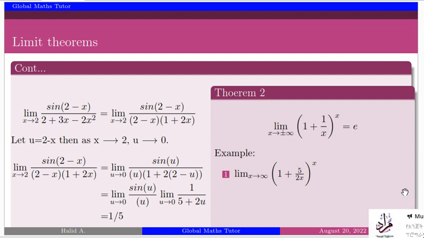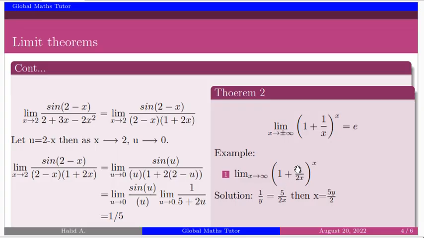Here we have a term 5 over 2x in place of 1 over x, so let's say this term is 1 over y, so 1 over y equals 5 over 2x. So finding x will give 5 over 2y.